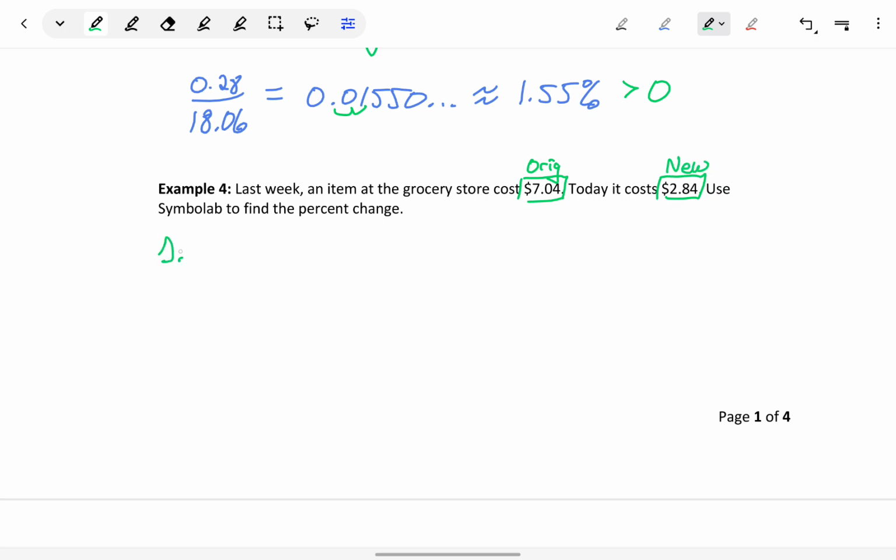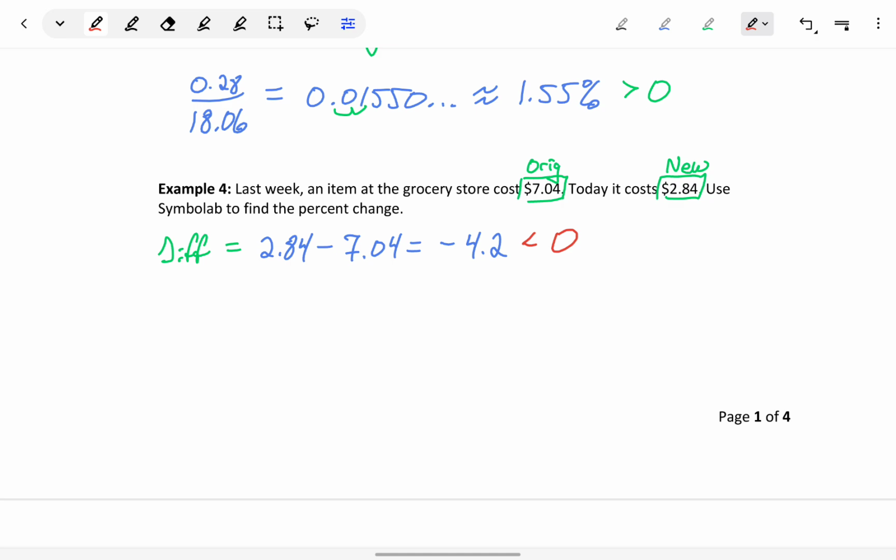The first thing we want to find then is the difference, which is equal to the new value of $2.84 minus the original amount, which was $7.04. So we get negative 4.2 as that difference. In this case, that difference is less than 0 because the amount decreased.